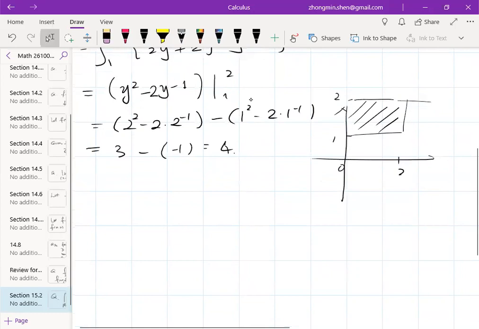Now, what happens if the function is not defined on a closed rectangular domain?